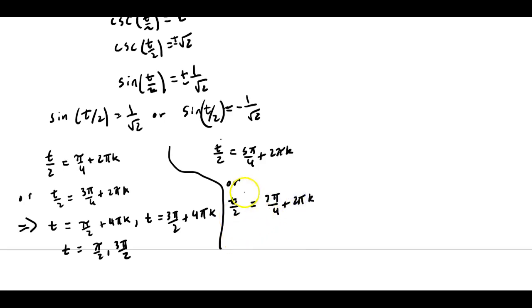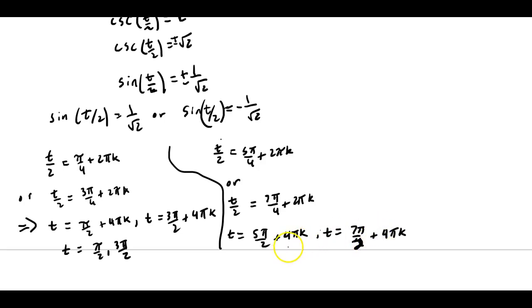Okay, and then solving for t, that means t would either be 5 pi over 2 plus 4 pi k, or t would equal 7 pi over 2, I apologize, 7 pi over 2 plus 4 pi k.